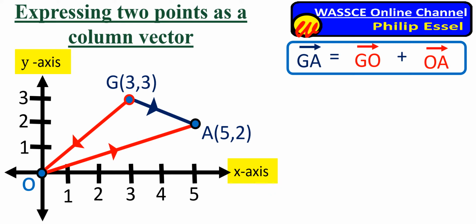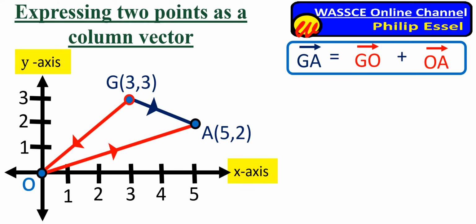Now let's go back to the drawing. In the drawing, we have the point G. We've learned how to come up with position vectors when a point is given. So if I ask you to give me the position vector of the point G, what would you say?